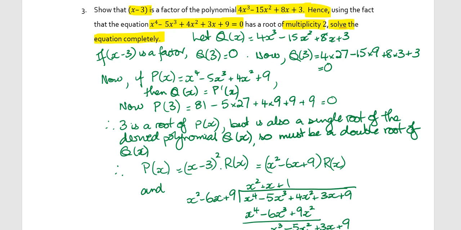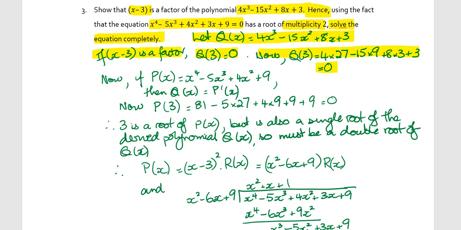So let's look at a setup, and this is where I find you really need a plan. So let Q of x, and the reason I pick Q of x is just hopefully something will become apparent, equal the original, so let's do our first task. If it's a factor, then Q of 3 will equal 0, so we show that.